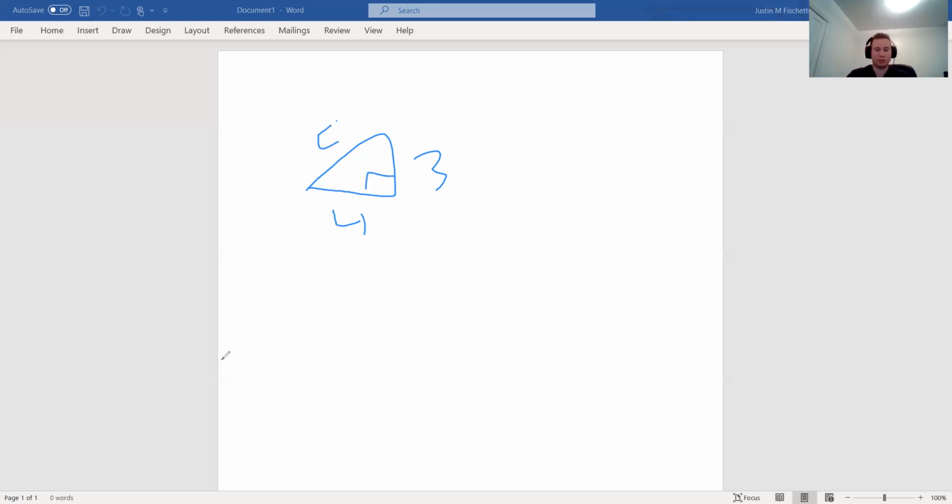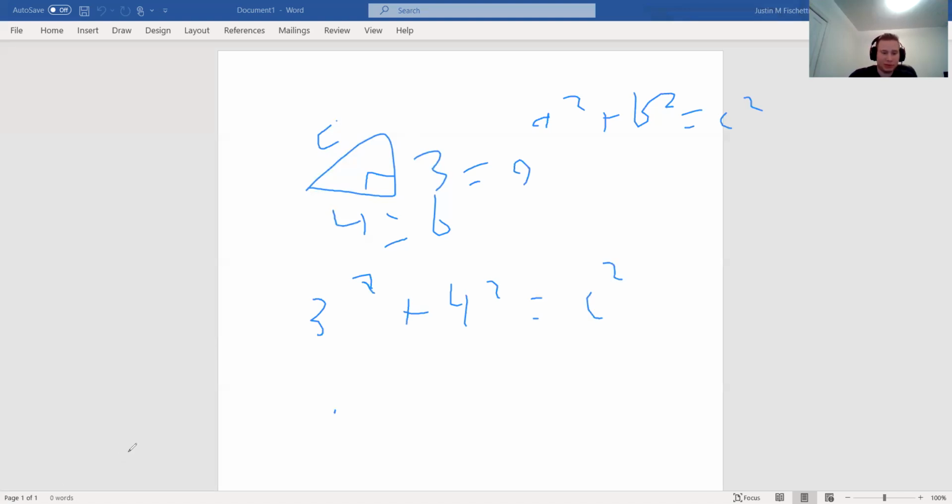Basically we just plug it into the Pythagorean theorem. So this is A, this is B, but C is missing. The formula again is A squared plus B squared equals C squared. Plug in A and B directly, so 3 squared plus 4 squared equals C squared. Leave the C as C squared, and then solve this out.